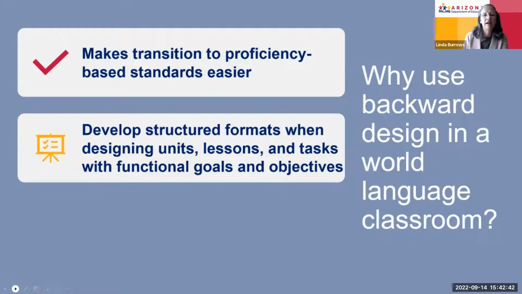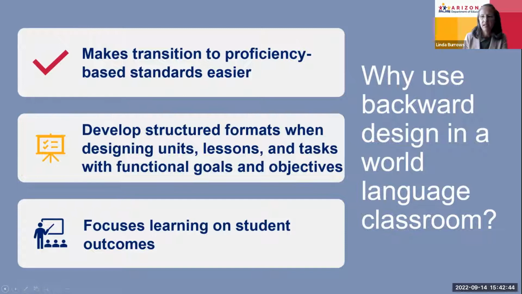And the last benefit that I see with backwards design is that it really focuses the learning on student outcomes. It's not on a test, it's not on some district benchmark, it's not for an AAPPL or STAMP test. It's really on what the students are learning.